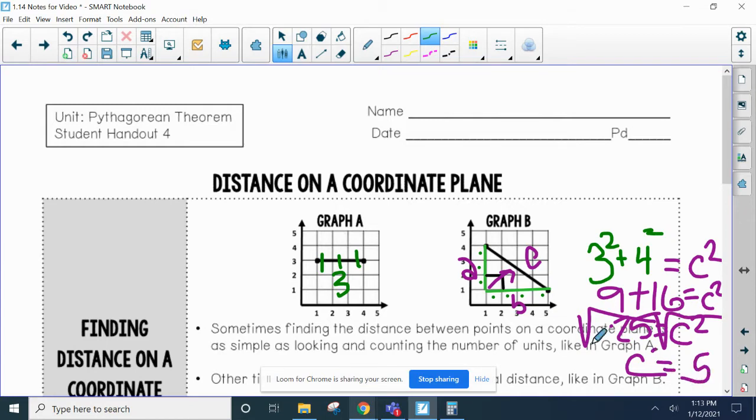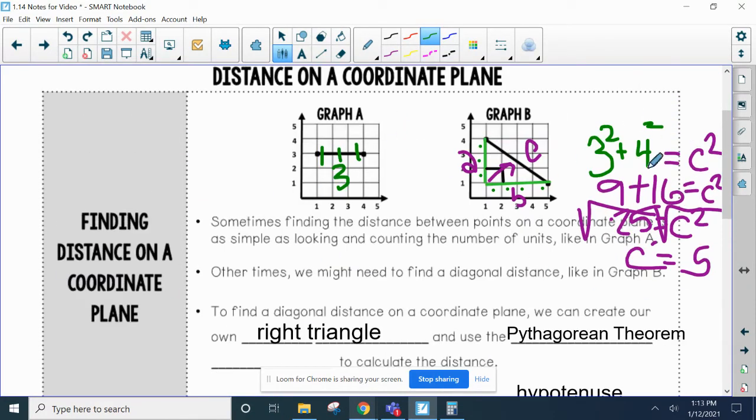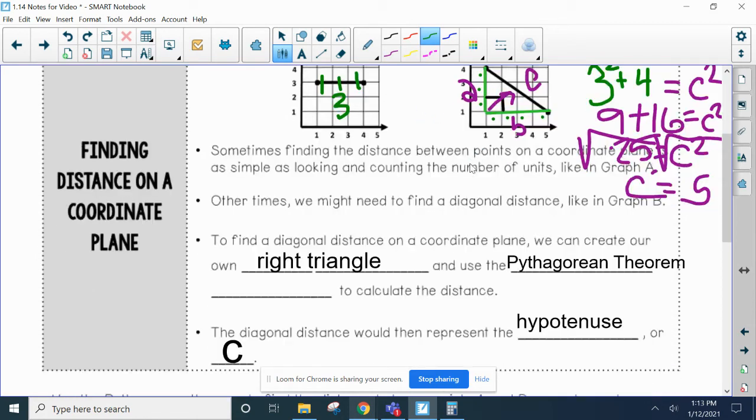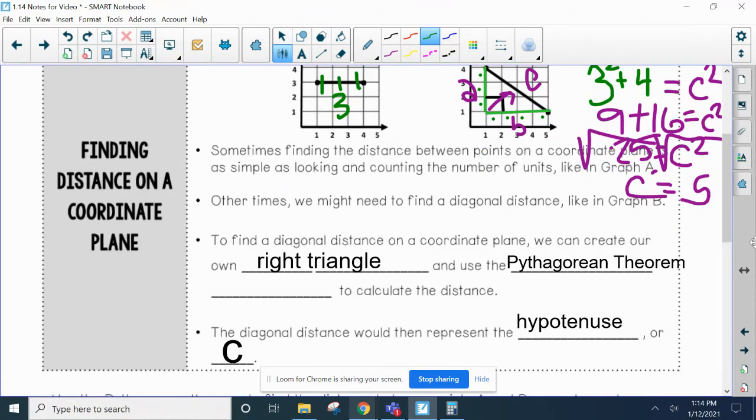All right, so like I said, sometimes it is more complicated than that. Here's your example. Copy that. Sorry, pause this, copy that. You got it? Okay. So other times we will have to find this diagonal distance like we did.